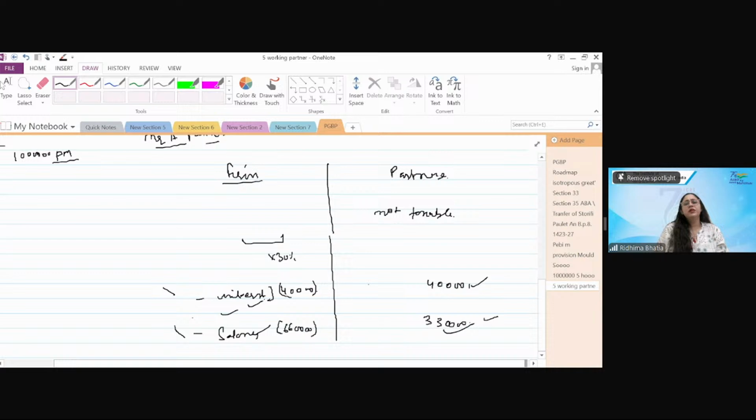If something is given to them in a representative capacity, meaning I had to pay salary to Mrs. X, but I'm paying it to Mr. X or in his account, on behalf of Mrs. X, it does not mean that this salary is paid to the partner, right? He is just receiving on behalf of a person.